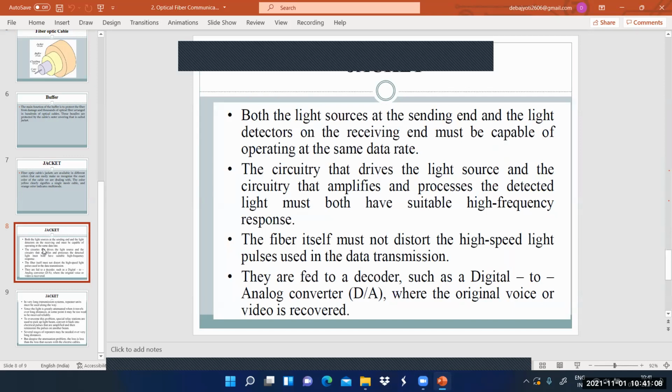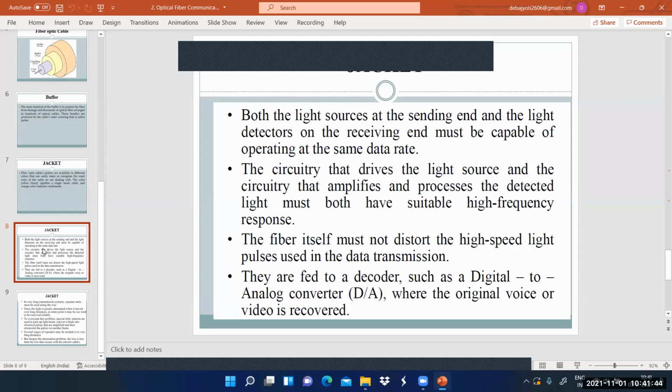So here both the light source at the sending end and the light detector at the receiving end must be capable of operating at the same data rate. When the light in optical fiber cable travels from the transmitting end to the receiving end, the data rate at the transmitting end and at the receiving end is the same.